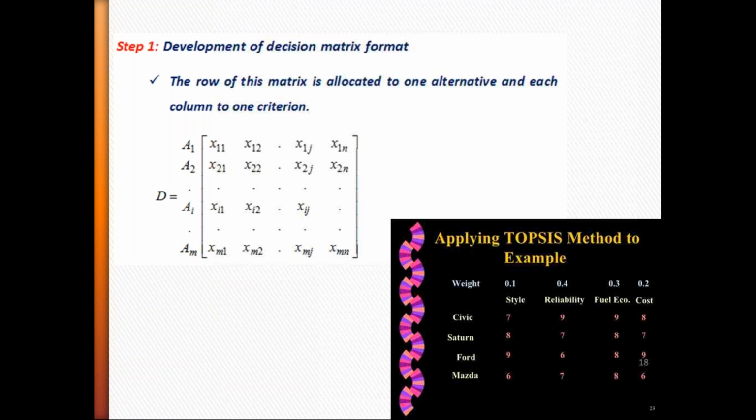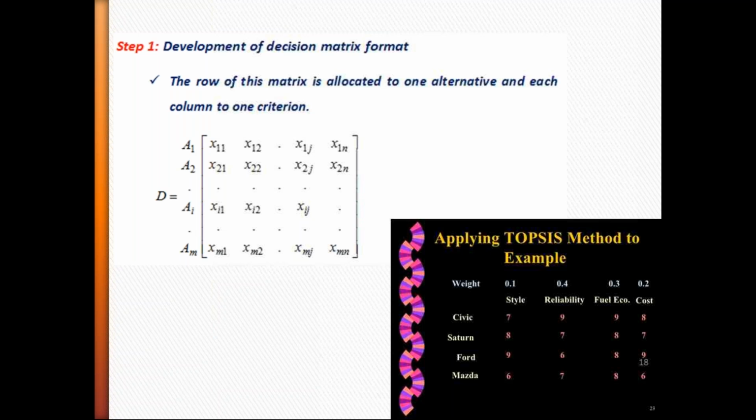So Xij means i first, j after. i means alternative, i varies from 1 to m. Then what is Xij? Xij represents the value of the ith alternative for the jth criteria.